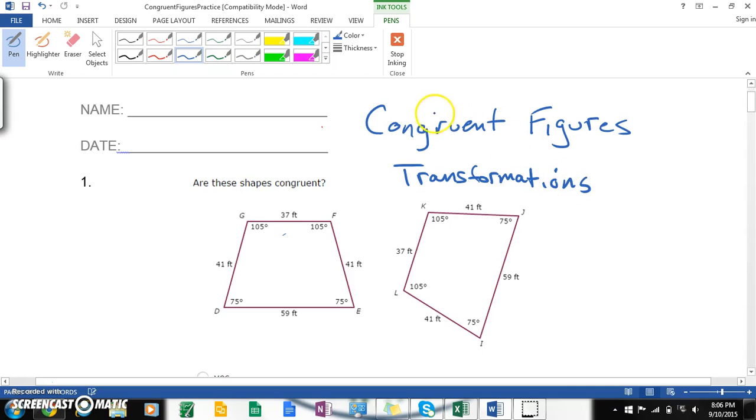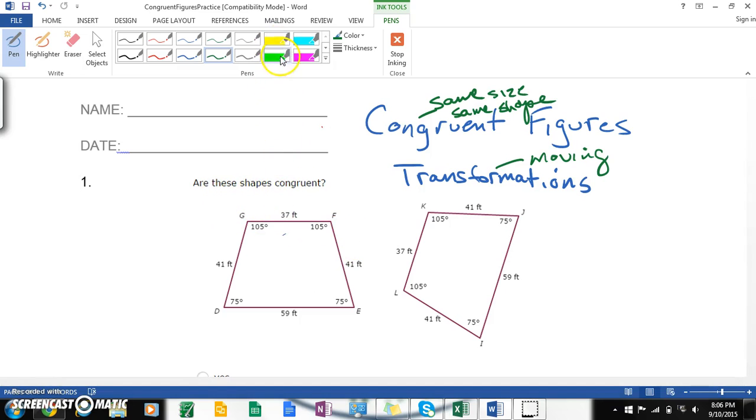When we talk about congruent figures, remember, we're talking same size, same shape. Transformations, we're talking about moving objects around.